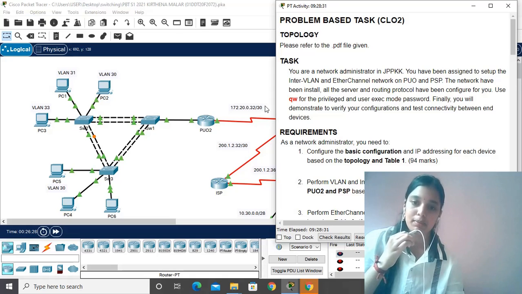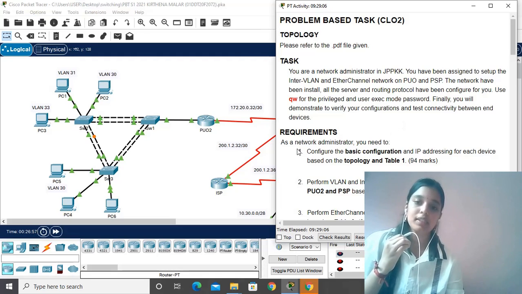Finally, you will demonstrate to verify your configuration and test connectivity between devices.